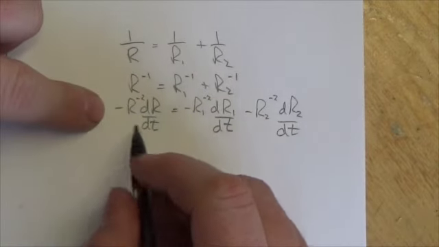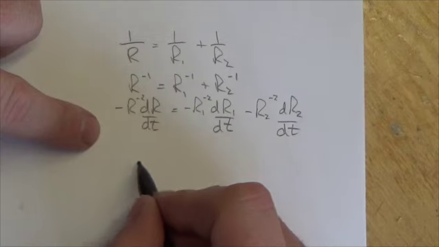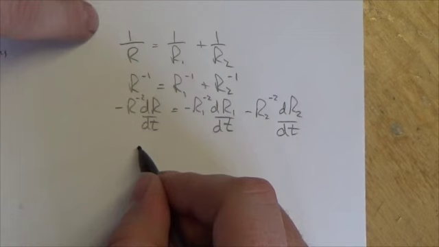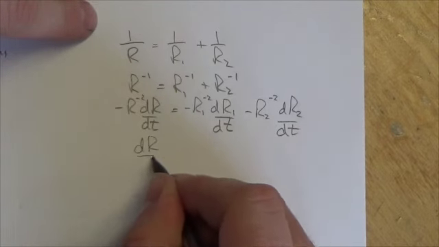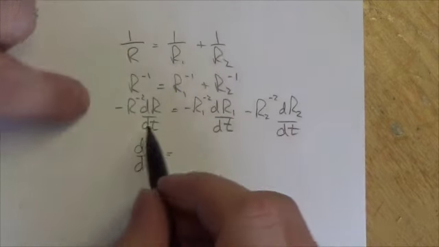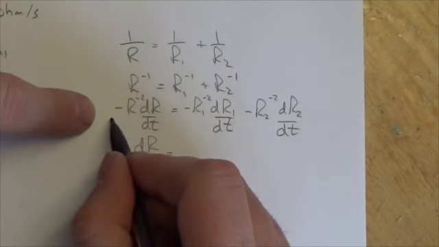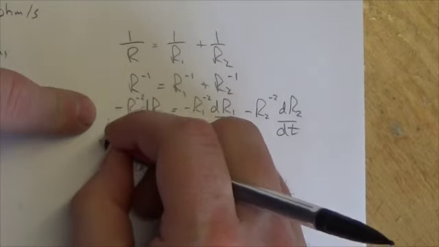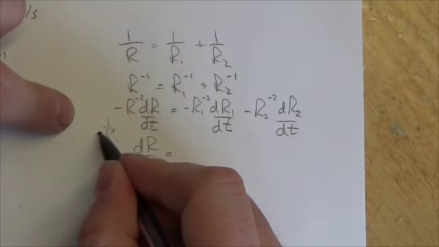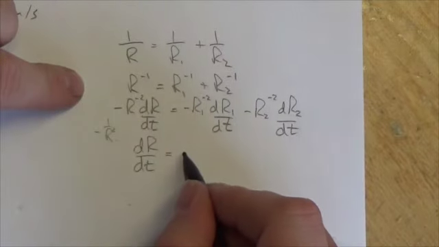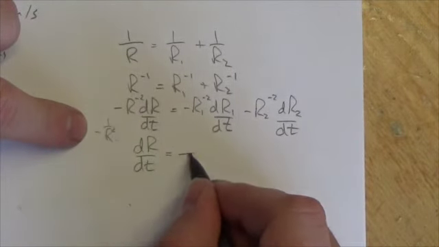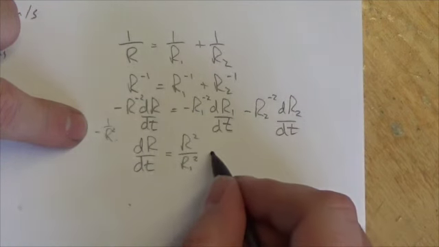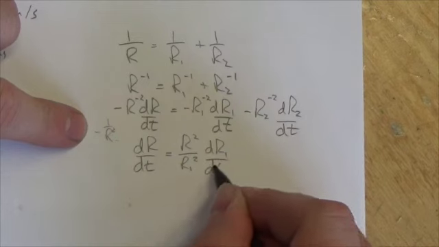Now this is the same as negative 1 over R squared, so I'm going to multiply up by that. This is going to become dR by dt when I isolate that. Because this is the same as 1 over R squared, and there's a negative there, the negative will cancel and we're going to be left with R squared in the numerator over R1 squared, times dR1 by dt.